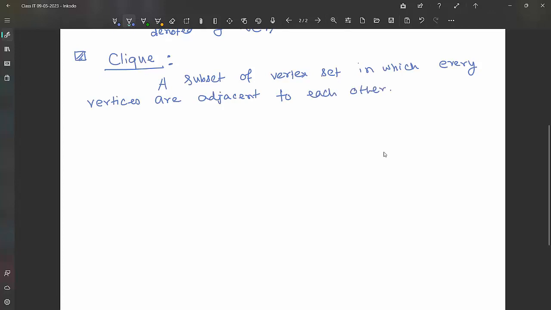That means just the opposite concept of the independent set. That means they are dependent on each other. Between every pair there will be a connection. So this is called the clique.